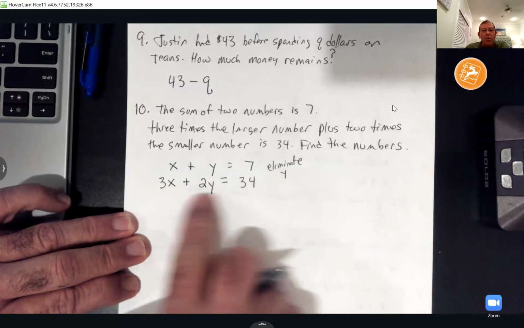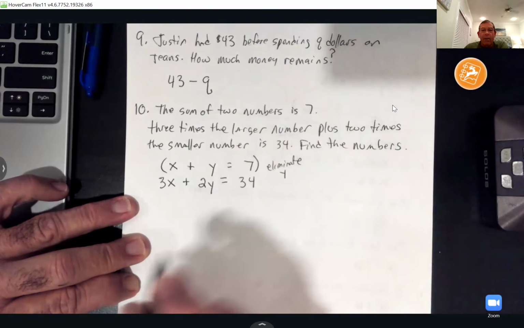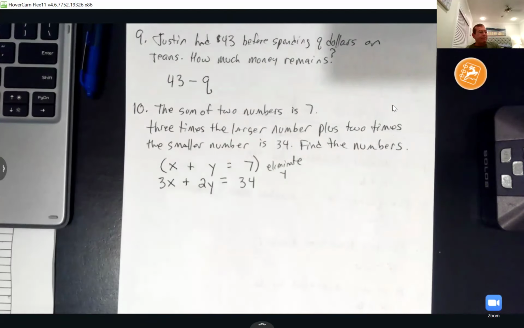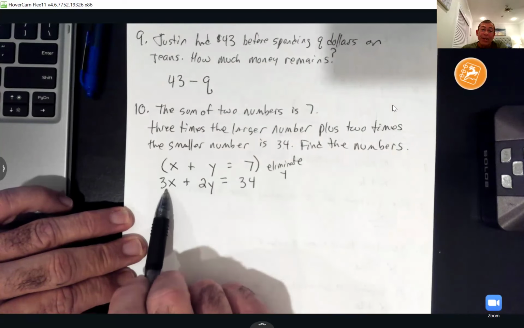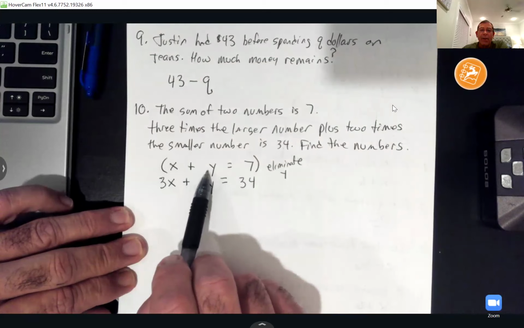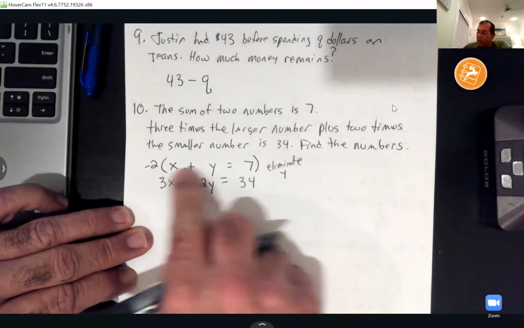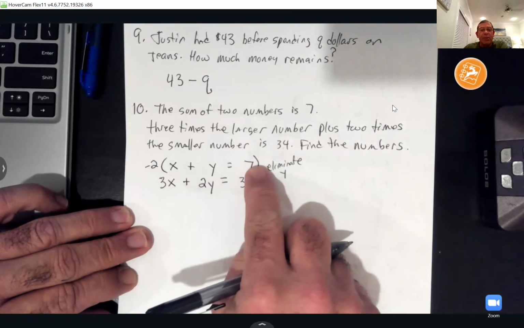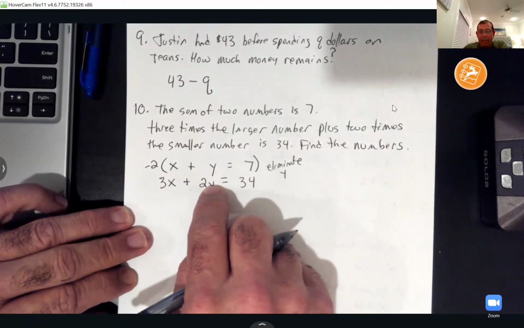Now, if I want to eliminate the y, I'm going to have to multiply this first row by what? Now, you could have done the x's. Since you got a 3x here, you could have multiplied by -3 and then that x. But I'm going to eliminate the y, and I'm going to multiply everybody on this top equation by that -2. That way I get a -2y that'll cancel with that y, okay?